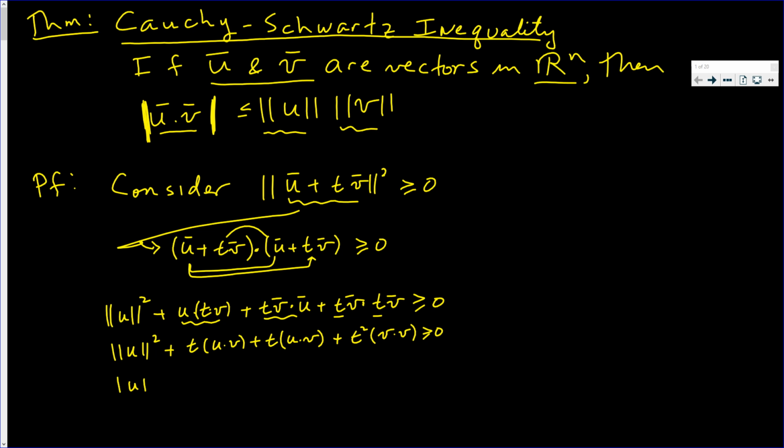We have the length of u squared plus 2 times t times u dot v plus t squared v dot v. That's the length of v squared. And this is known to be greater than or equal to 0.